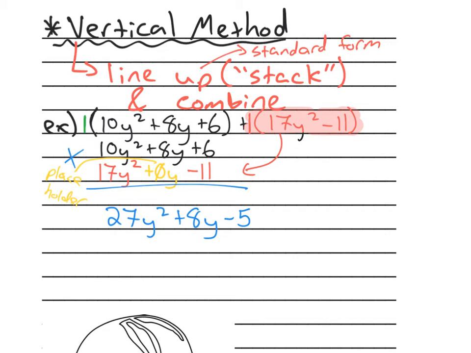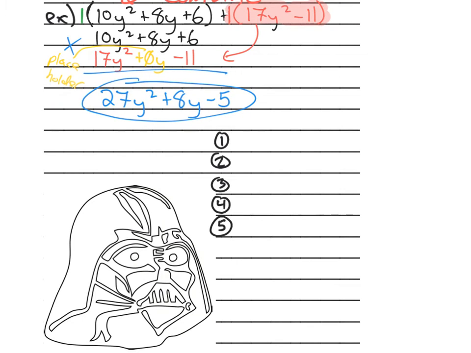But before we move on, let's talk about how we can describe our answer. Someone tell me a thing we could say about our answer, a description. The degree. What is the degree of our answer here? 2.